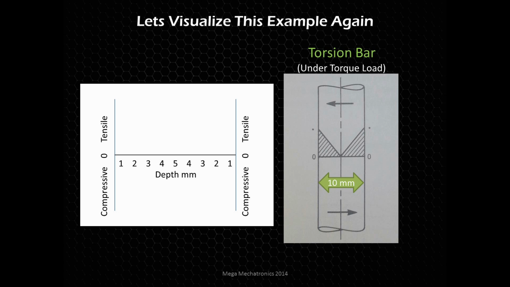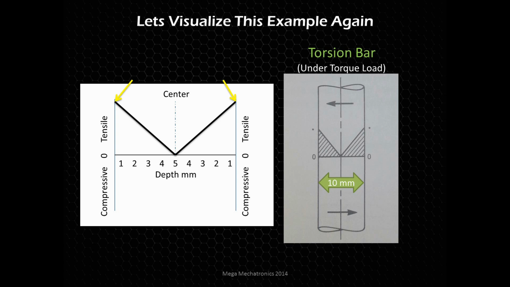And as we move towards the center of the part, the depth goes to 5, and then it starts back to 4, because it's only 4 millimeters deep from the other line. So here's the center of the part, this 10 millimeter diameter part, and here's the center point at the 5. And then drawing the stress data, we can see it's on the tensile side.